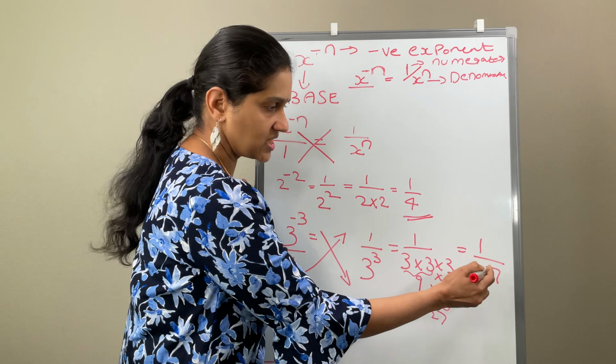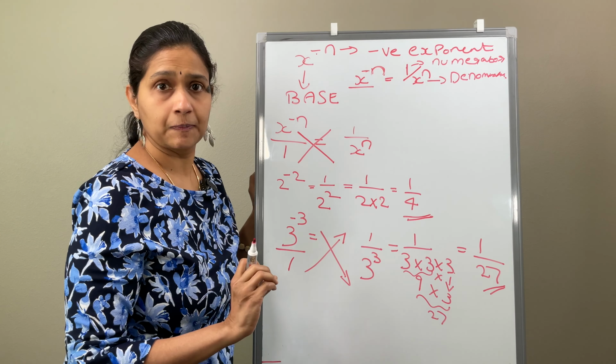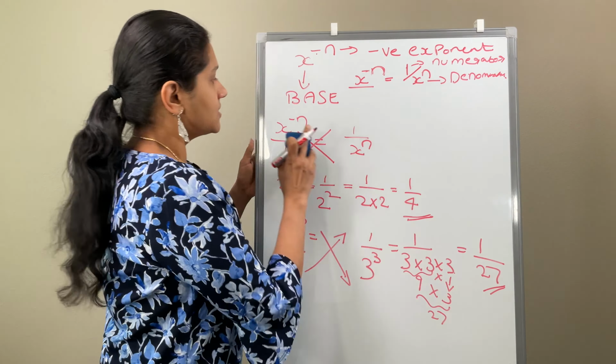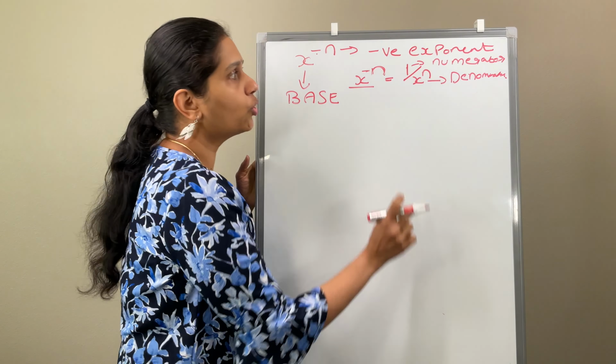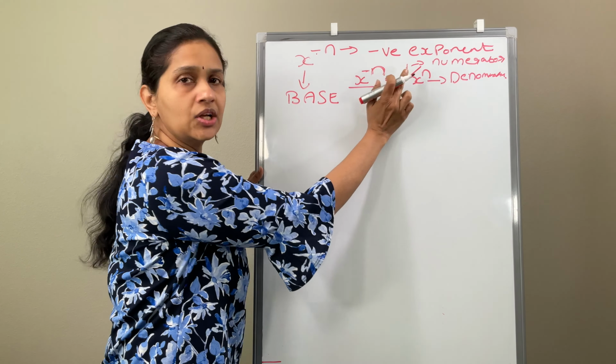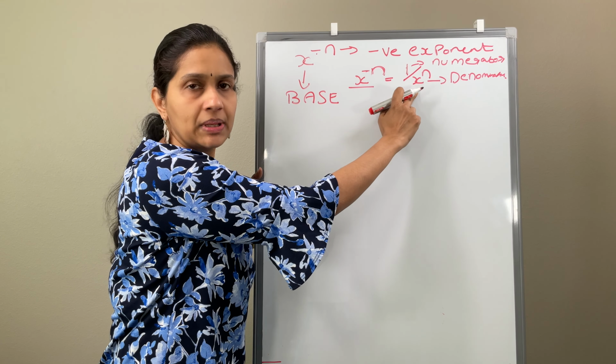So this is the concept for x to the power of minus n. Now consider, suppose you have a negative exponent in both numerator and denominator. I have already told you the top position is the numerator, and whatever is down is the denominator.